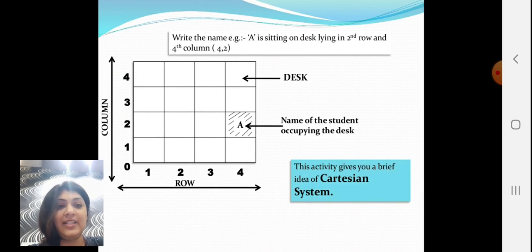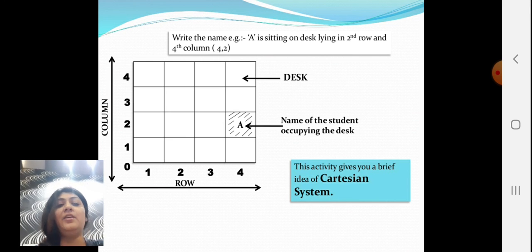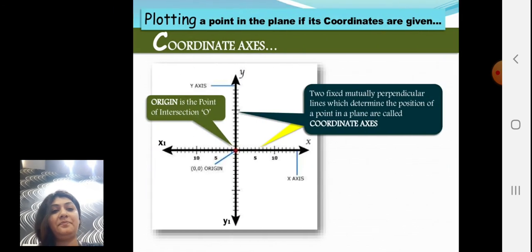Here is the activity, the way we can do by arranging all the columns and all the rows and all the desks according to column and the rows. So name of the student occupying the desk A, that is in the second column and fourth row. So y-axis it is on the second number and on x-axis it is on the fourth number. This activity gives you a brief idea about the Cartesian system.